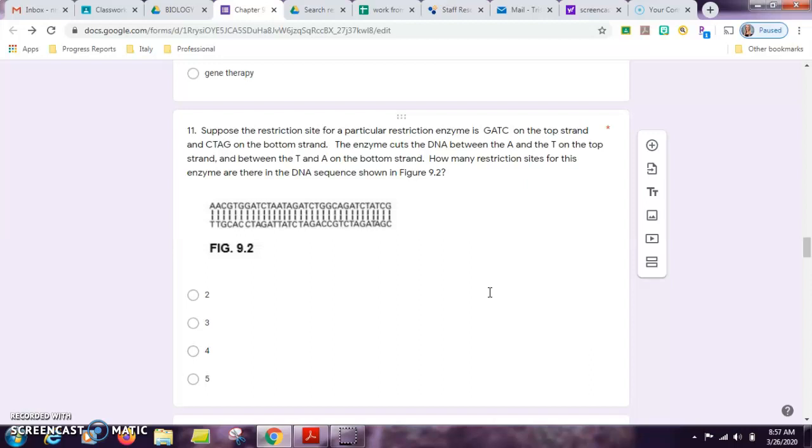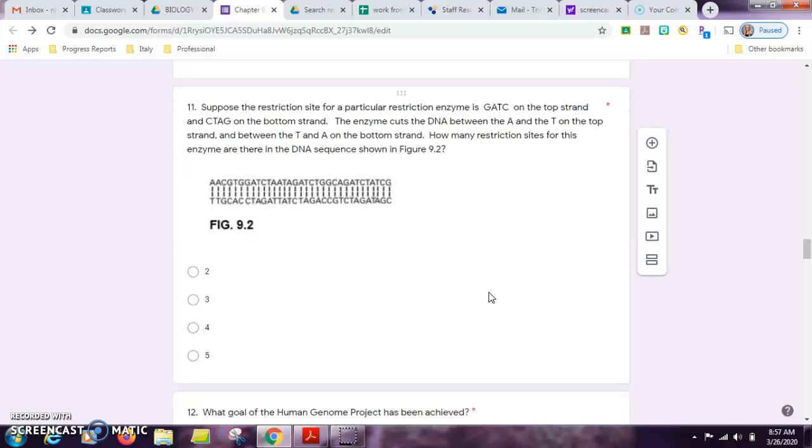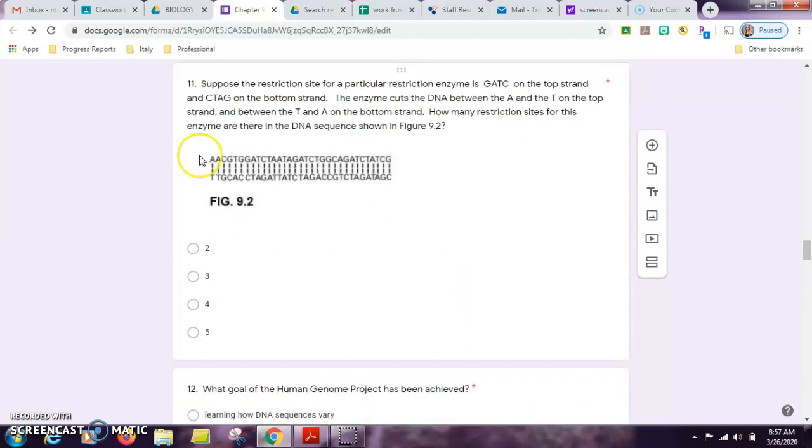How many restriction sites for this enzyme are there in the DNA sequence shown in figure 9.2? Using that information and this picture right here, answer this question. Is it 2, 3, 4, or 5?